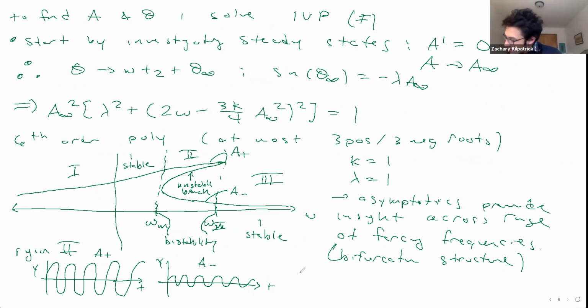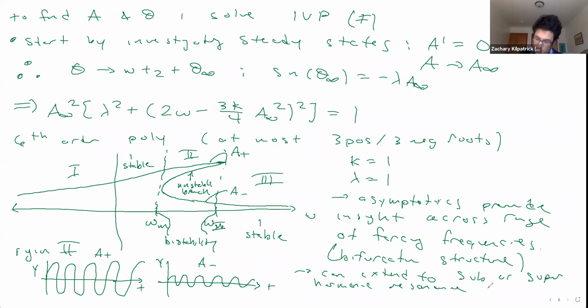So you can extend this to sub or super harmonic resonance, right? So if you force like a 2 pi oscillation at a period of 2 pi over n, or 2 pi divided by n, right?